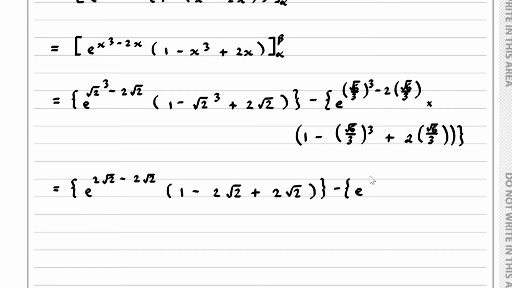So we have e to the 6 root 6 over 27 minus 2 root 6 over 3, and this is being multiplied by 1 minus 6 root 6 over 27 plus 2 root 6 over 3.